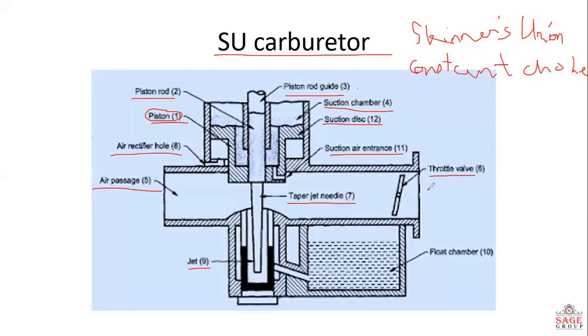Therefore, as the throttle is opened, more and more air is allowed to pass through the inlet due to the upward movement of the piston. The upward movement of the taper needle also ensures more flow of fuel into the main jet.